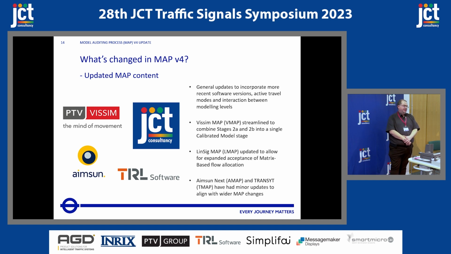LMAP has evolved to allow for greater acceptance of zone-based traffic flows. They were acceptable in previous versions, but we've expanded the scope of that. And there have been more minor updates to the AIMSUN and transit sections to reflect the changes that Lucy's already mentioned, the stages 5A and 5B, and the pedestrian and cyclist checks.